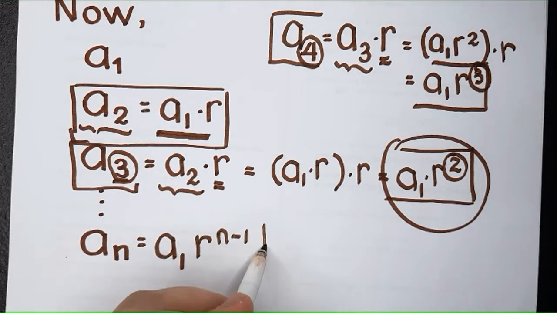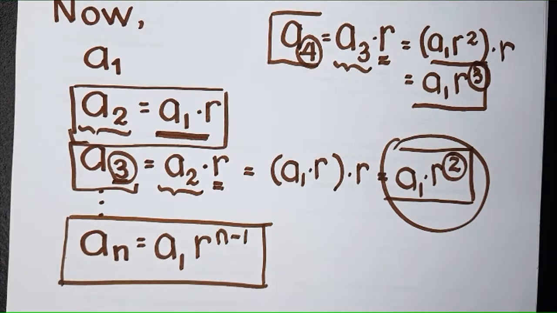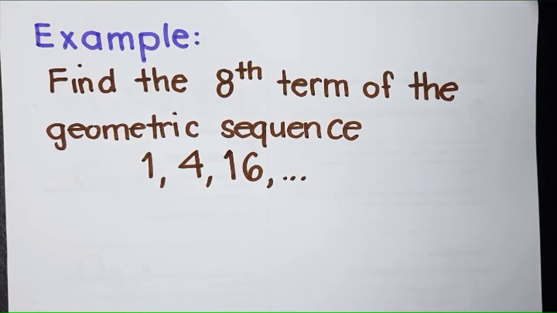Okay? So, this is the general formula in getting the nth term of a geometric progression. Okay? So, please memorize this formula. Let's have this example. You were asked to get the 8th term of the geometric sequence. So, let's try to use the formula.